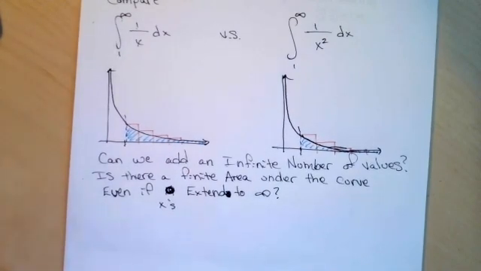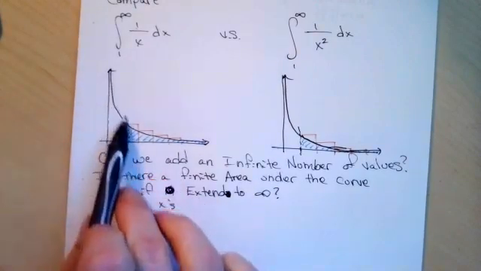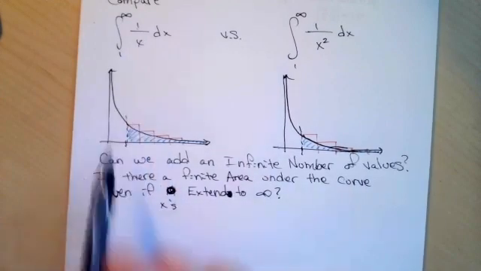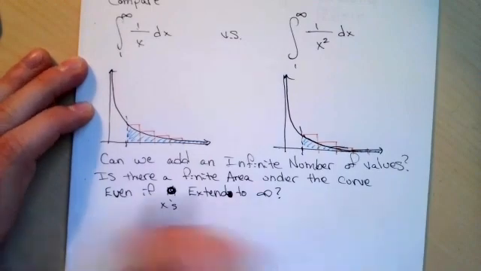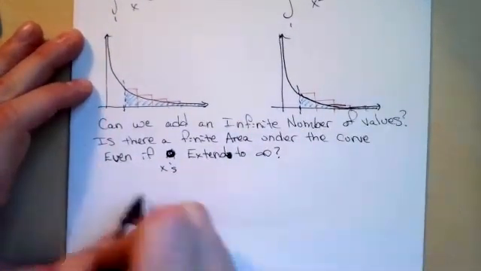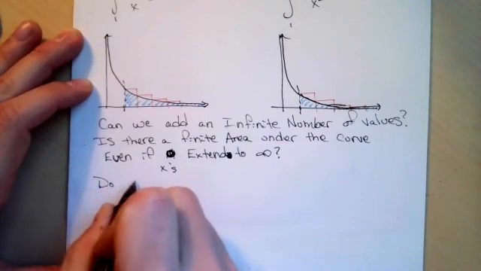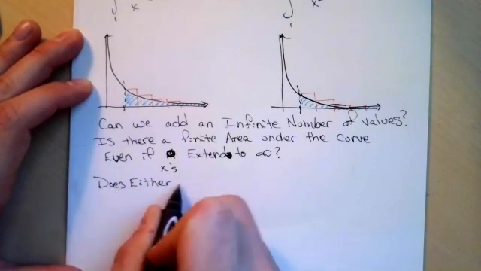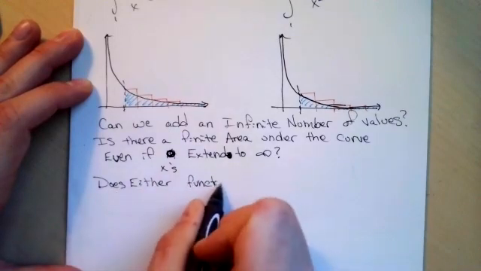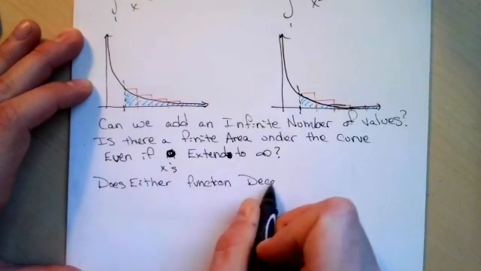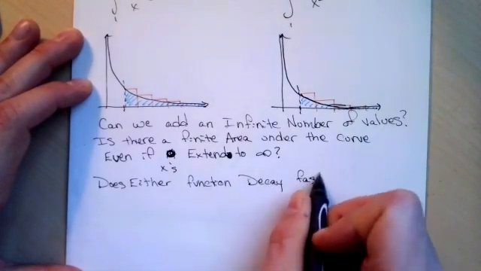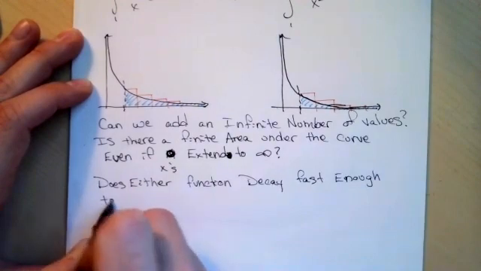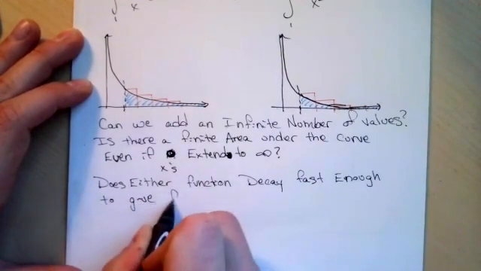The converse of that is decay, when functions decay to 0. So in this context, really what we're asking is, is there a finite area under the curve? Another way we want to talk about this question is, does either function decay fast enough to give finite area?